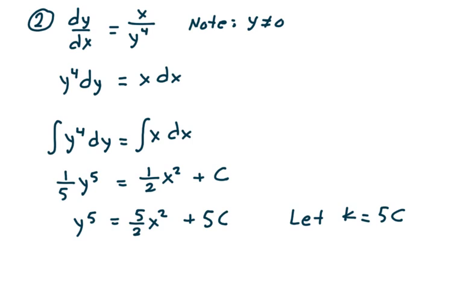Let's take a look at problem 3. Suppose I'm given dy/dx is equal to x times the square root of y. Now, y equals 0 does work for this one, by the way, right? But let's solve this assuming y is not 0 for the moment.